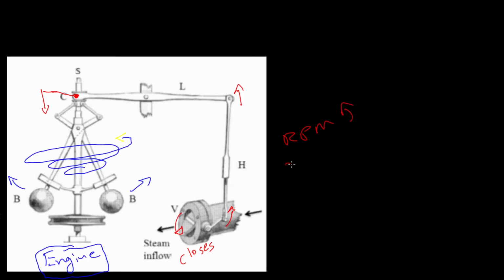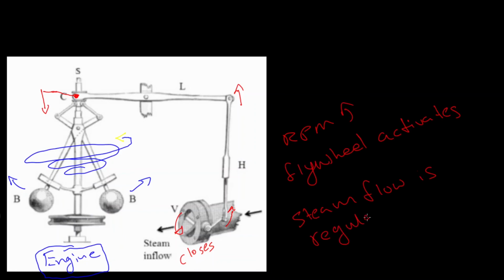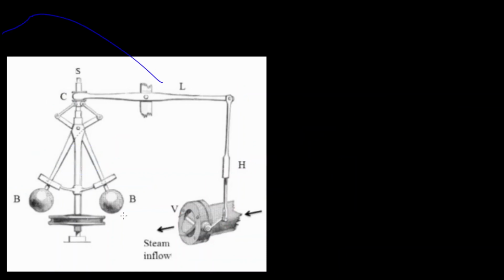This will then pull a hinge because the linkage starts to lower down as the flywheel is causing centrifugal force. Hence, the steam valve will then close on the other end, which will force the engine to slow down and maintain speed. Very interesting device. I suggest you to look this up on YouTube. There's enough videos showing a visual representation of how a flywheel works.